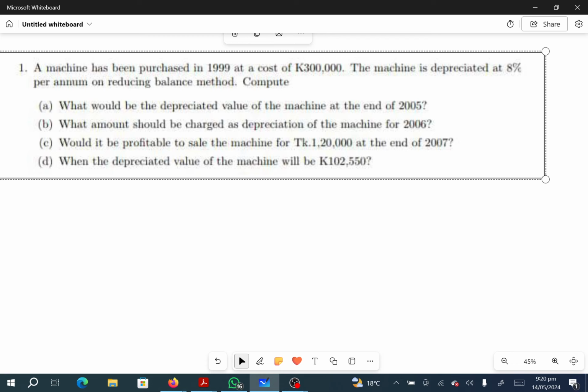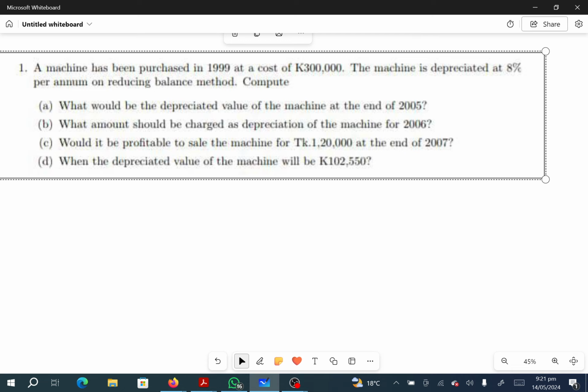Then C, would it be profitable to sell the machine for 120,000 at the end of 2007? Then D, they're asking to say when the depreciated value of the machine will be 1002. So here the question was not complete. It should have been complete to ask us to calculate now, perhaps even the rate.